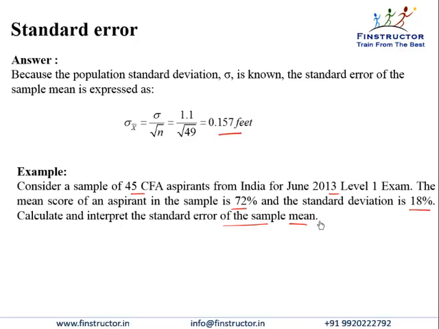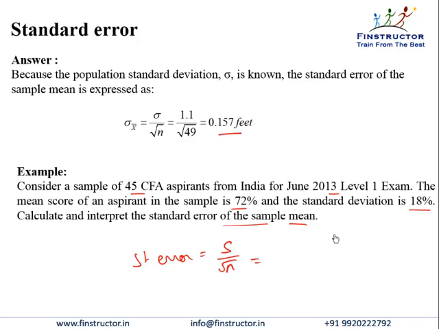If the population standard deviation was given, this would have been exactly the same question as the previous one. So when the population standard deviation is not given, then as a proxy we use the sample standard deviation to calculate the standard error, that is the standard deviation of the sampling distribution.